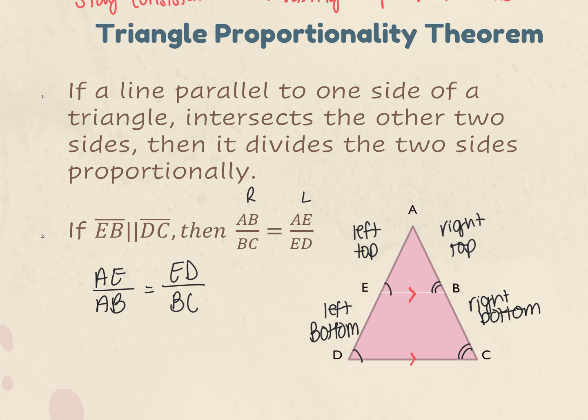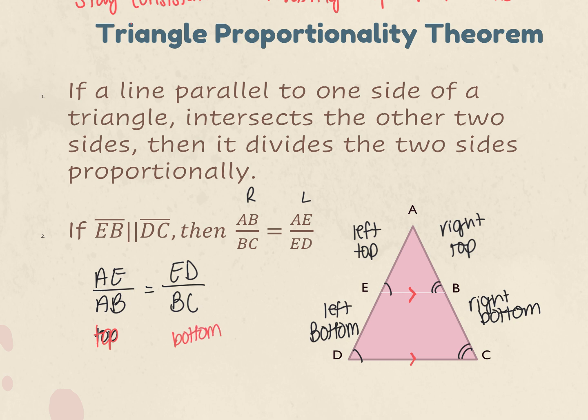Okay, so right top over right bottom, left top over left bottom, or if you wanted, you could have switched it and done your left first and then your right. It's the same thing. But for the one that I wrote at the bottom, I did all my tops. Okay, so all of these values here are my top values. And then ED and BC are my bottoms.